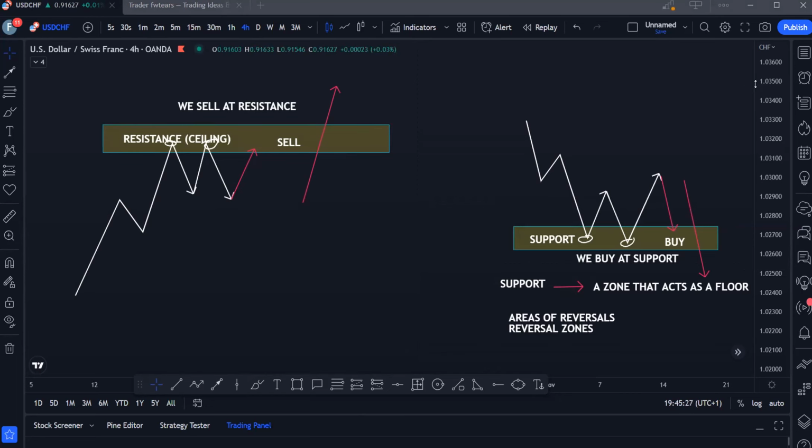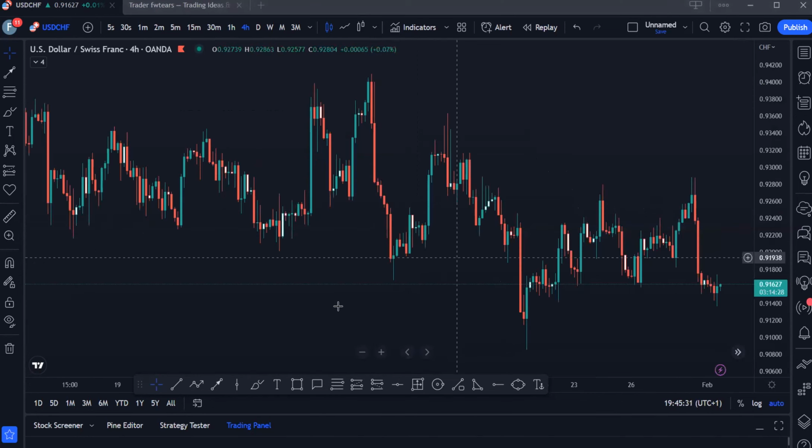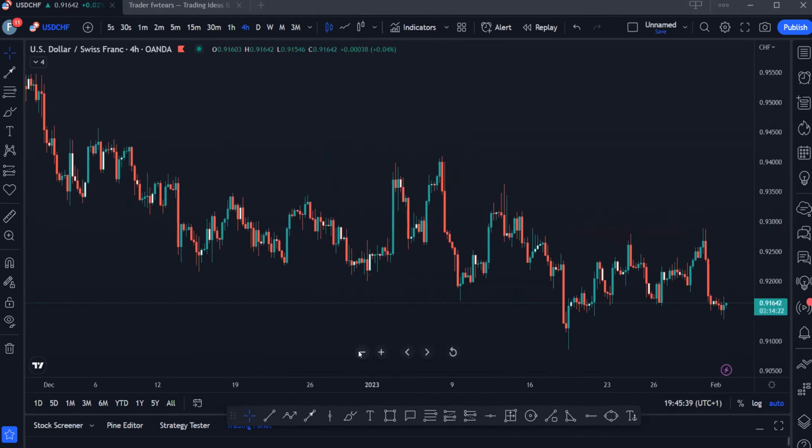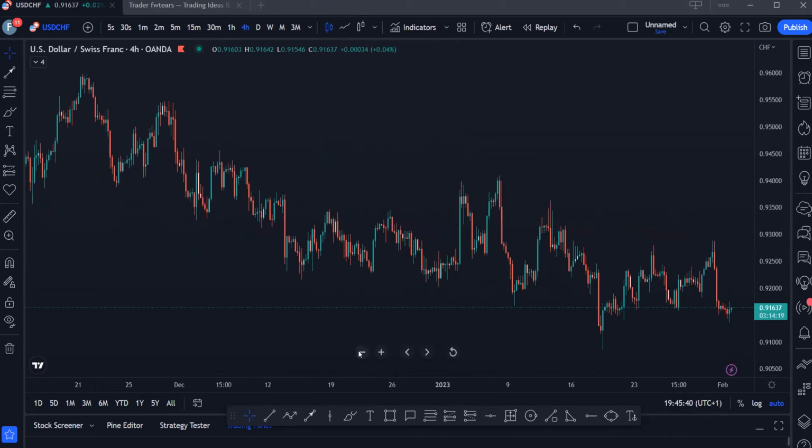All right, so let's go to the chart and let's identify areas of support and areas of resistance. When you look at any currency pair, any chart, the first thing you want to do is to start spotting areas of support and resistance.